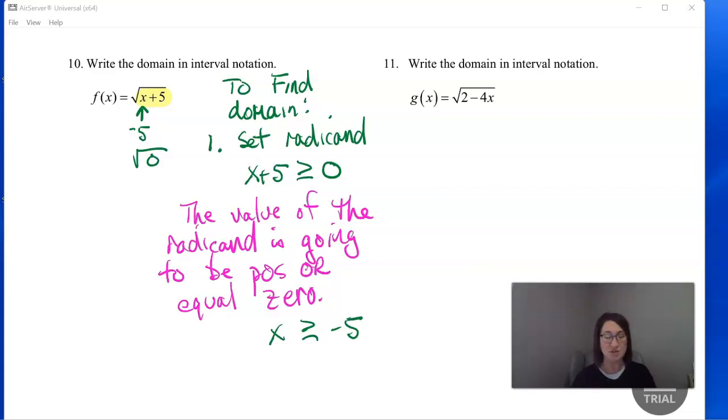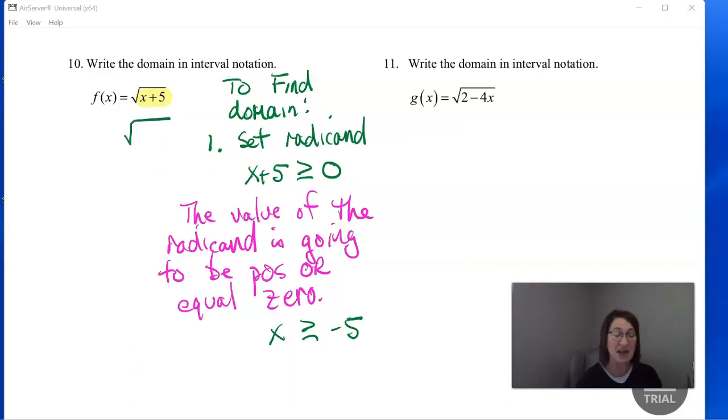If I substitute a number that is larger than negative 5, so let's just try negative 2, negative 2 plus 5 is going to give me the square root of 3. That's fine. Let's go ahead and substitute something that is smaller and see what happens.